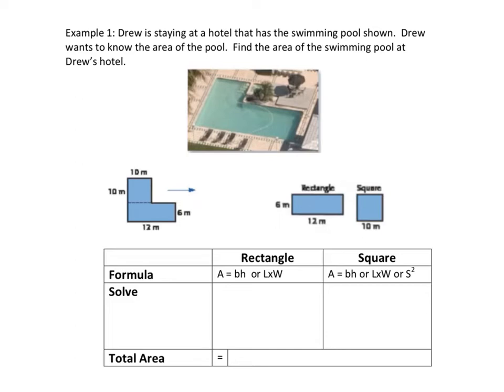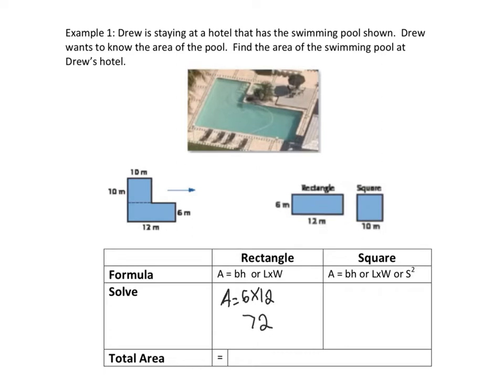To do that, we first look at our rectangle, and we see the formula is base times height or length times width. On the rectangle, we see the base is 12 and the height is 6. So we say area equals 6 times 12. When we multiply that out, we get 72.